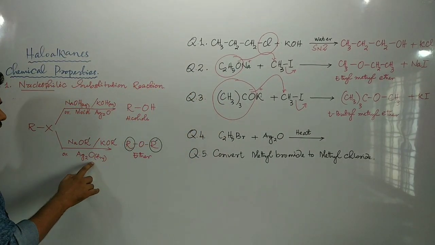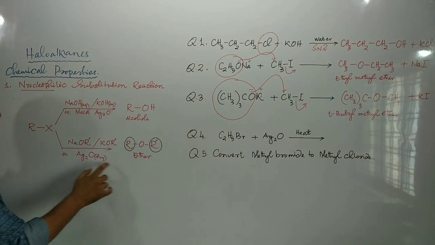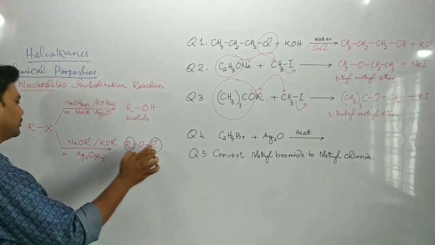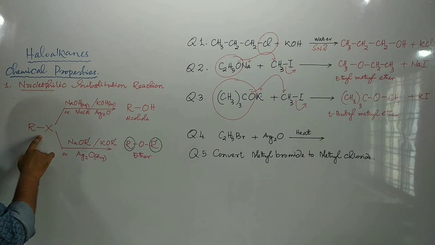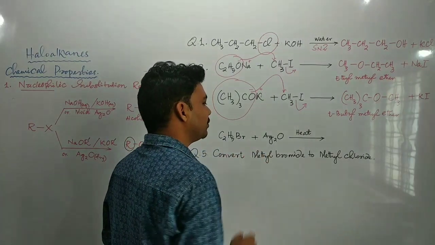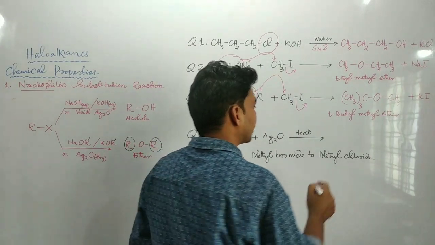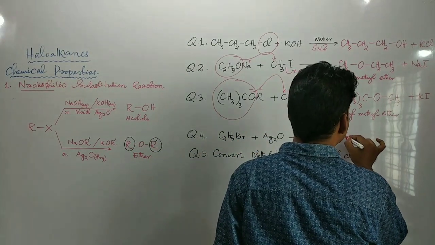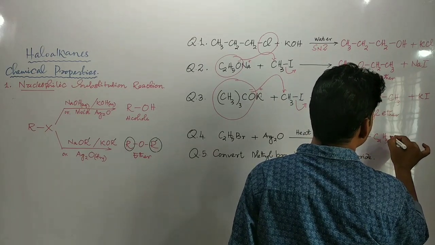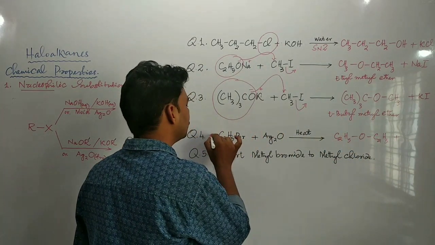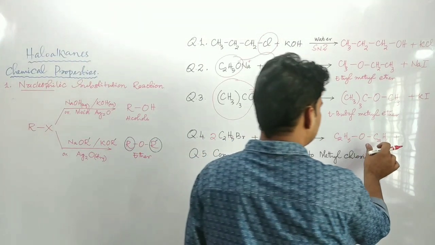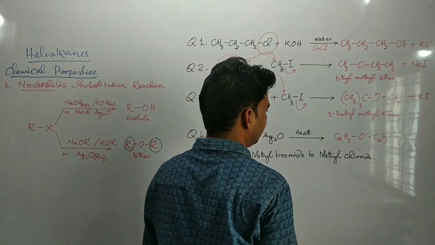When silver oxide is used as the reagent, then in the ether both the R groups, these two alkyl groups, are from the alkyl halide. So 2 moles of C2H5Br will participate. It means we will get C2H5OC2H5. 2 moles of ethyl bromide will participate, such that diethyl ether would be our product.